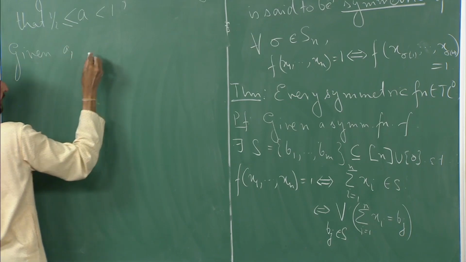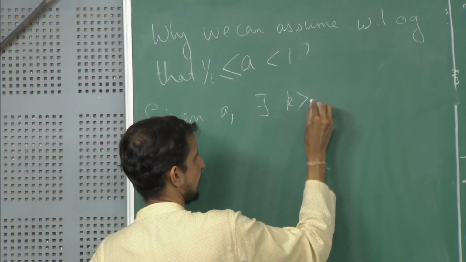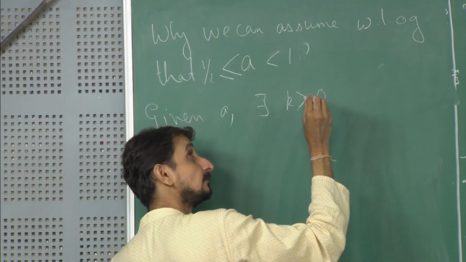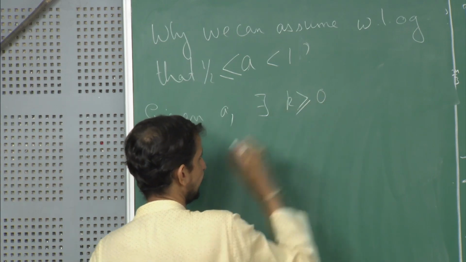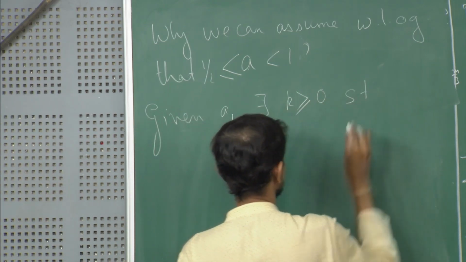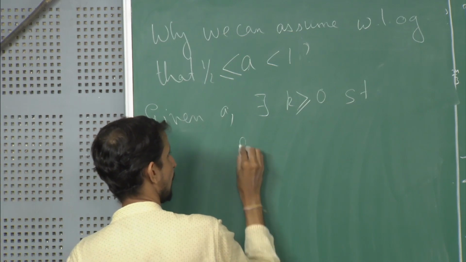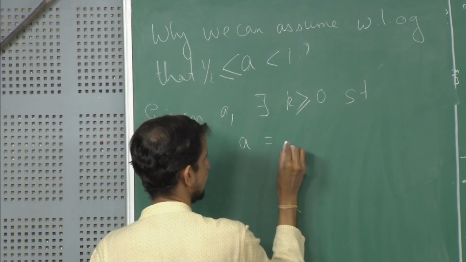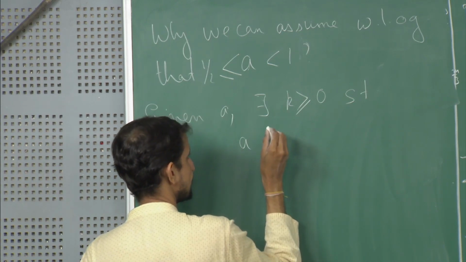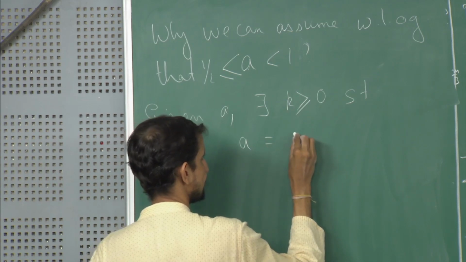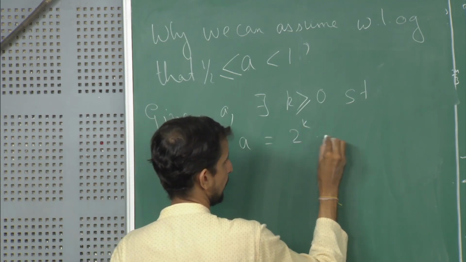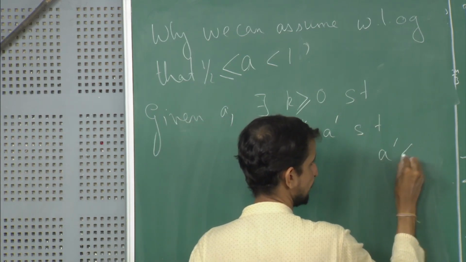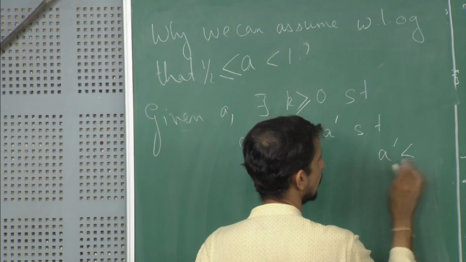Essentially given a, there exists a number k greater than or equal to 0, such that a is equal to 2 to the power k into some a prime, such that a prime has this property.